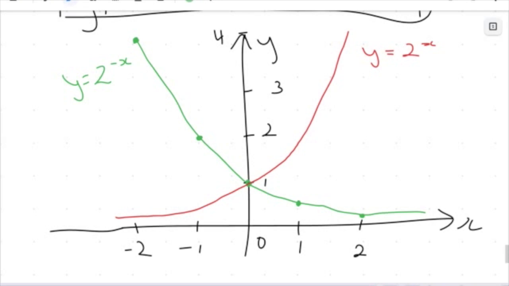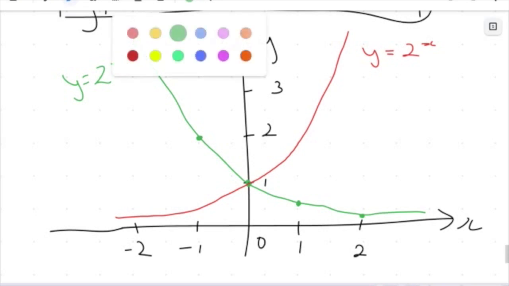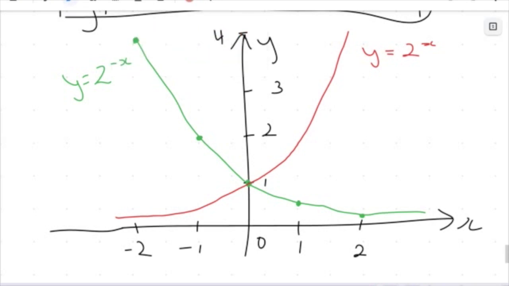And hopefully you can see this, but say I had a mirror right down the middle here. You can see that each graph here is a mirror reflection of the other. So what I've essentially done is the effect of this negative here in front of the exponent, that is going to be another type of reflection.